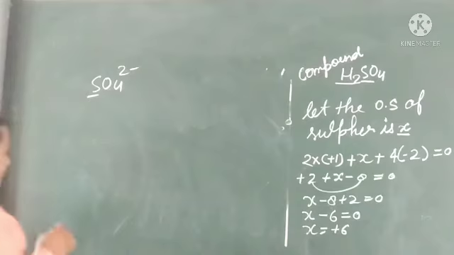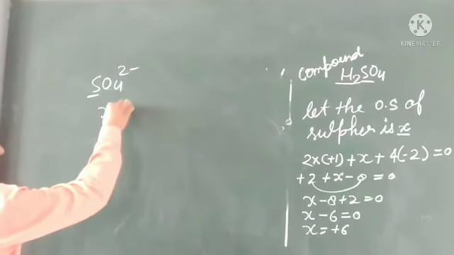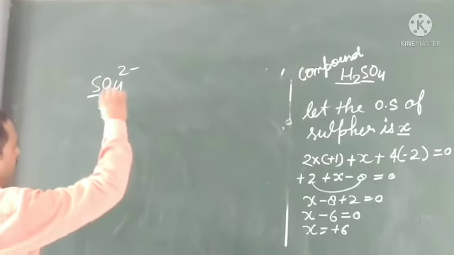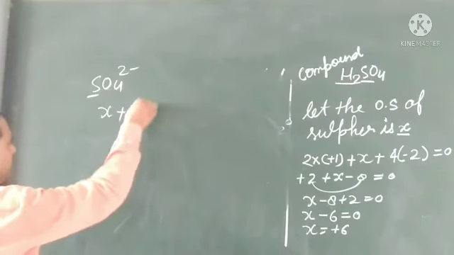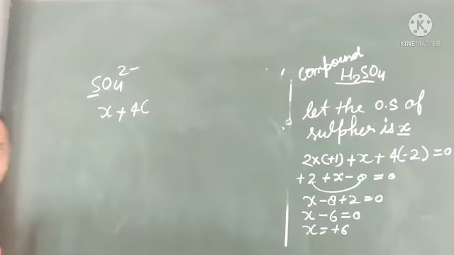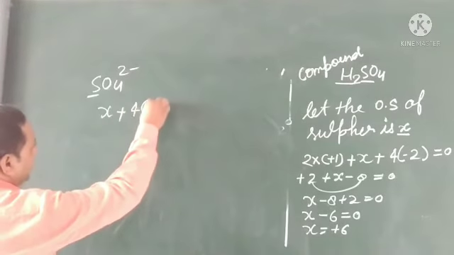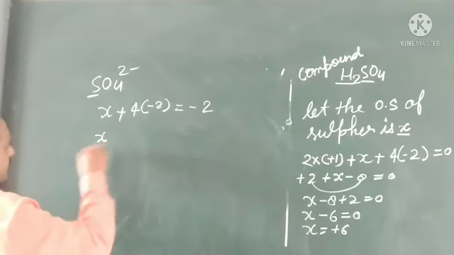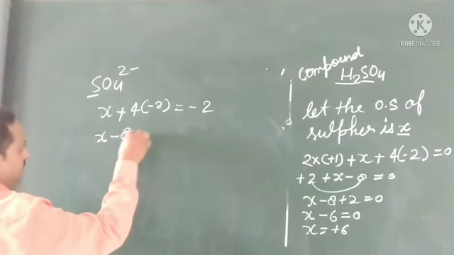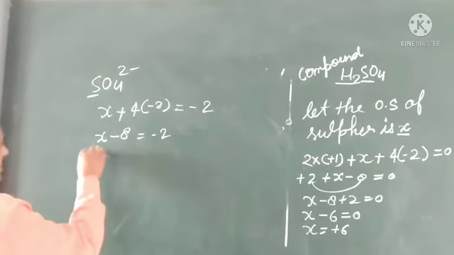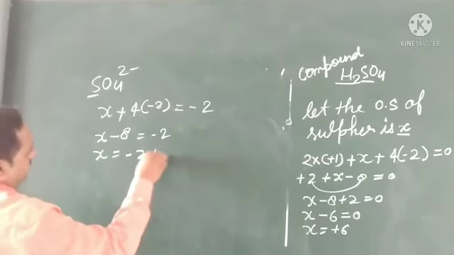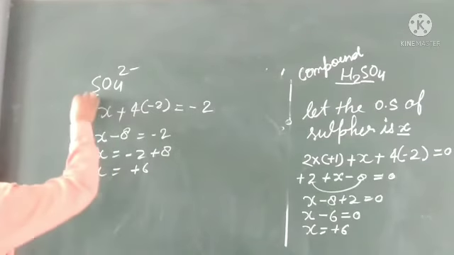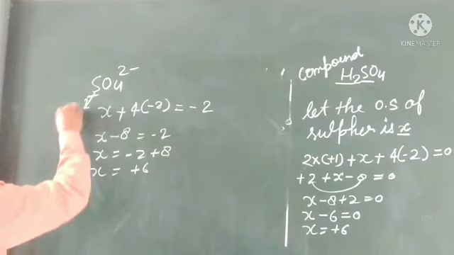Let the oxidation state of sulfur be X, and the oxidation state of oxygen is minus 2, and the number of oxygen atoms is 4. So X minus 8 equals minus 2, X equals minus 2 plus 8, X equals plus 6. So your oxidation state is plus 6.